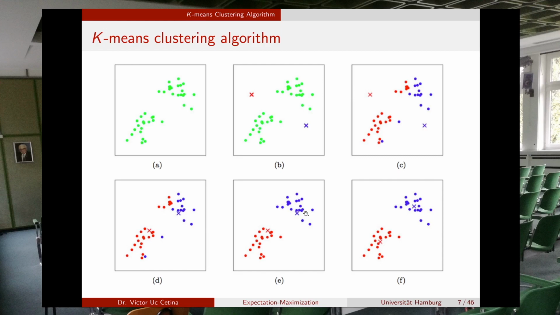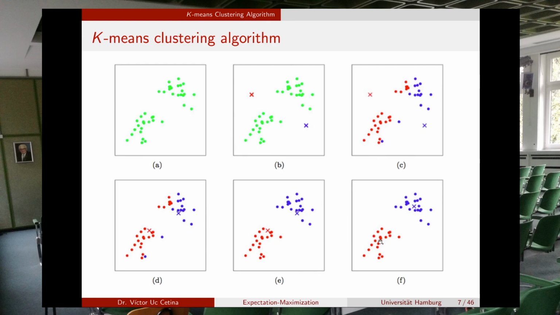Once you have reassigned these points, you recompute or update the means, and this is the updated value of the blue cross and of the red mean. So at this point you can see that the algorithm has already converged, because it has already found a good estimation of the centroids.